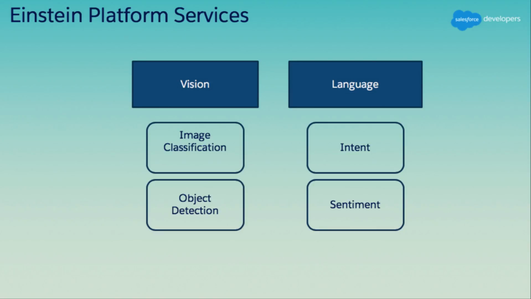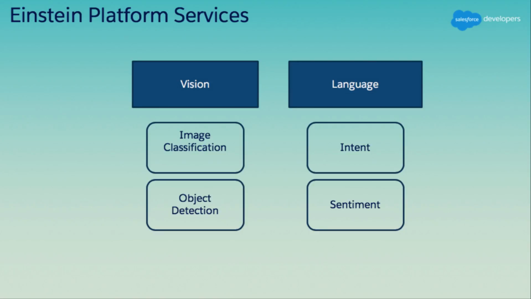Moving on to language. So language again has intent and sentiment. Let me talk about the sentiment first, because I feel it's very easy to relate to. Given a body of text, given a sentence, I can classify that into positive, negative, or neutral.